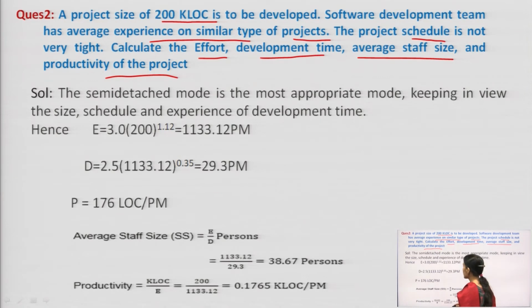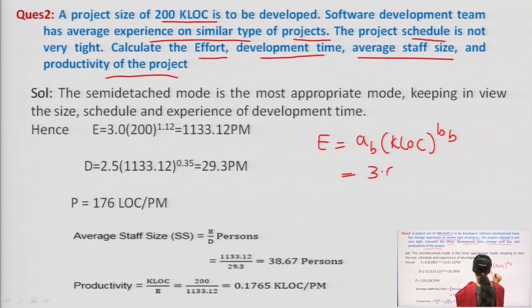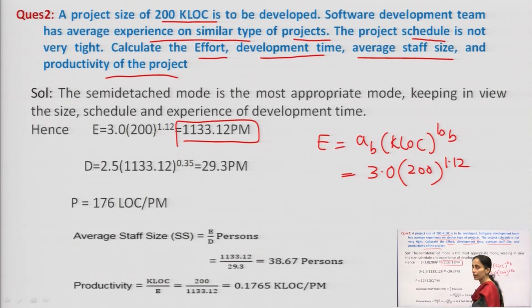As per semi-detached mode, the value of E is calculated as AB into KLOC power BB. Here the value of A is 3, and KLOC is given as 200, to the power 1.12. It comes out to be 1133.12 person months. This much effort is calculated as the first part. Then the second part is to calculate the development time.